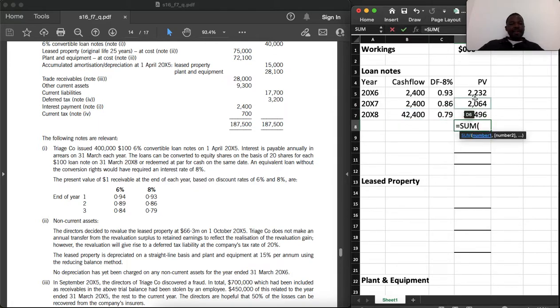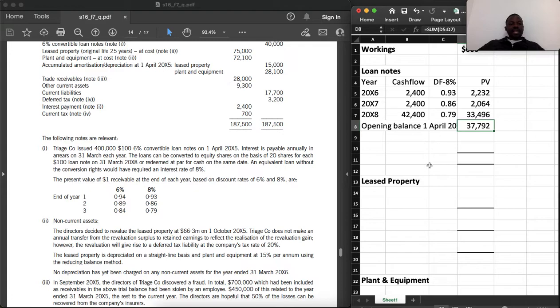If I sum all the present values, I will get the opening balance at 1 April 20x5. I will get my balance at 1 April 20x5 like that.